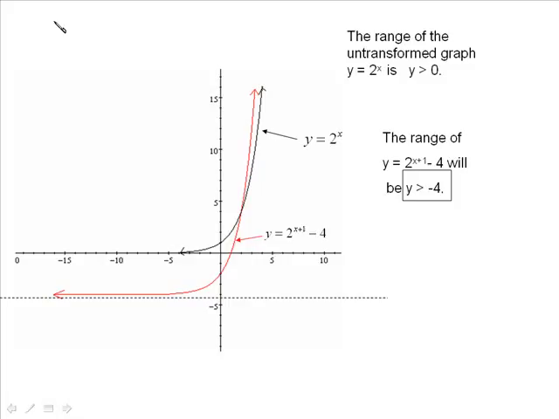4 units. The fact that the graph had been translated to the left has no meaning whatsoever with respect to the range. So all you do is pay attention to the transformation of 4 units down. That's going to tell you that the new range of the function will be based on that.